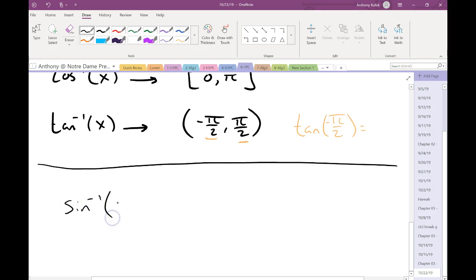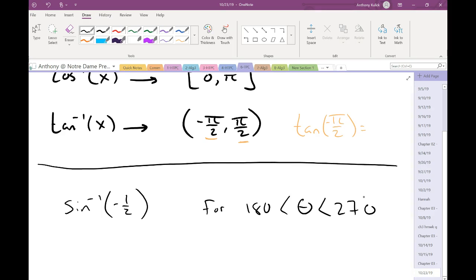Okay. So let's say I want sine inverse of negative 1/2 for theta between 180 and 270. This is equivalent to asking for it between pi and 3 pi over 2.